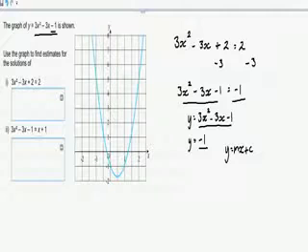And we've got x plus 1. So as I said here, y equals x plus 1. So if I draw the line of y equals x plus 1, it's going to cut this parabola in two places, so we'll get two values.